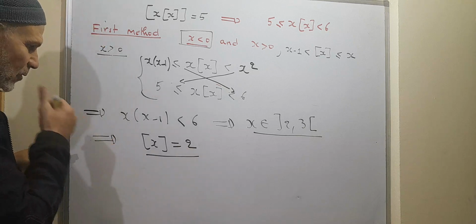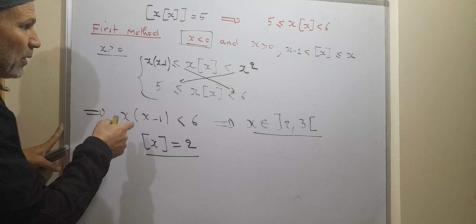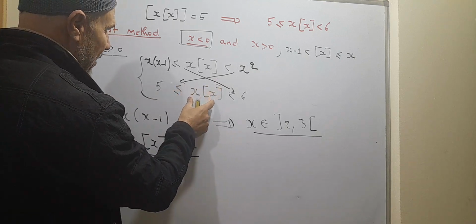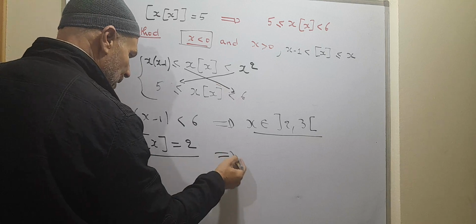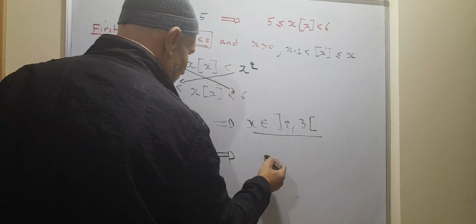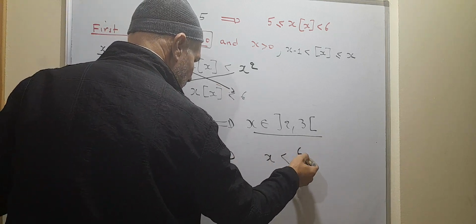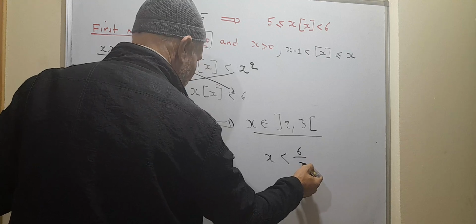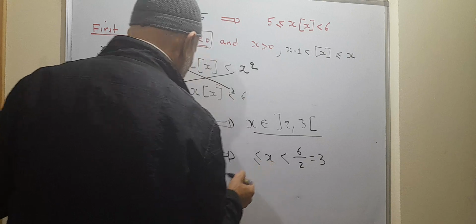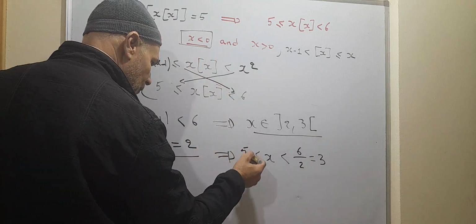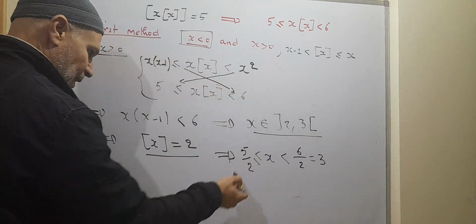If the integer part of x equals 2, we have this double inequality, which implies that x is less than 6 over 2, which is equal to 3, and greater than or equal to 5 over 2.